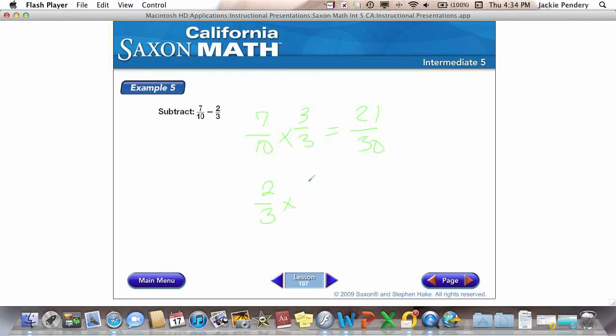Multiply 2/3 by 10/10, getting the 10 from the denominator of 7/10, equals 20/30. I subtract 21/30 minus 20/30, and I get 1/30. And there is my answer.